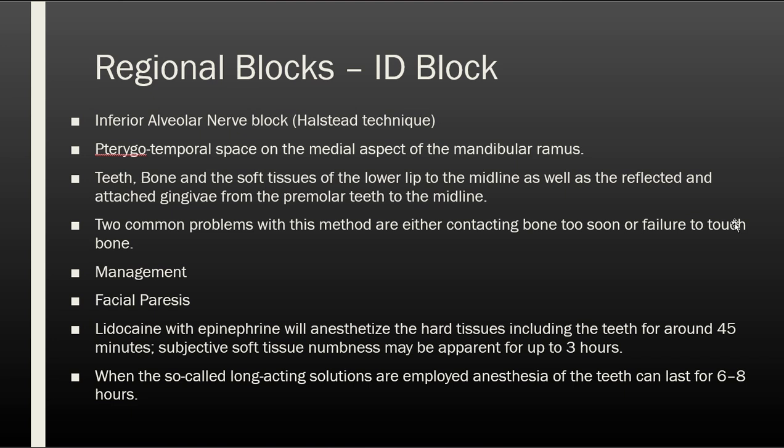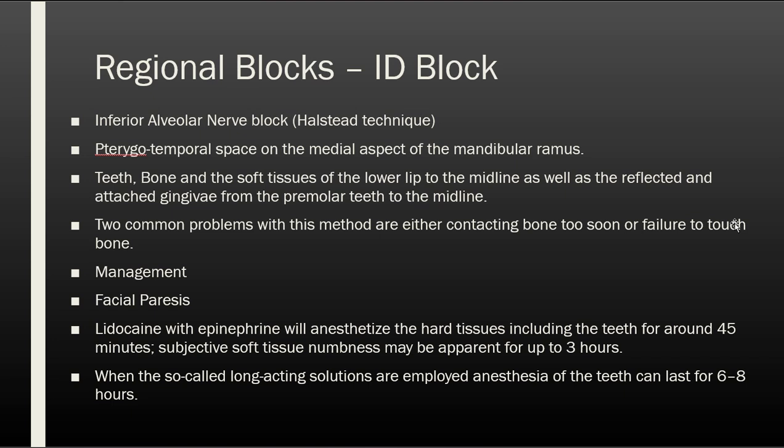Now, the regional block, ID nerve or inferior dental nerve anesthesia. We give it in the pterygomandibular space, in the medial aspect of the ramus. We anesthetize the teeth, the bone, the soft tissues of the lower lip, and the gingiva.